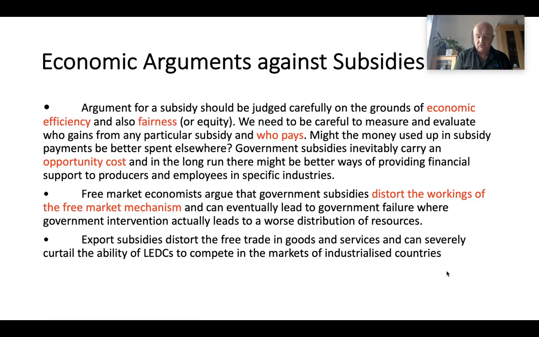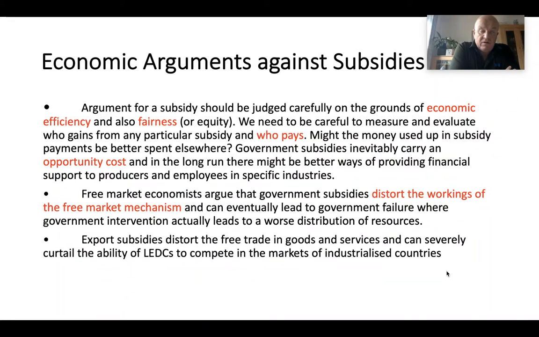And like we said before, if we're talking about export subsidies in particular, that's going to distort the free market for exports and trades in goods and services. And that obviously can be an issue in terms of less economically developed countries being able to compete in markets of industrialized countries.